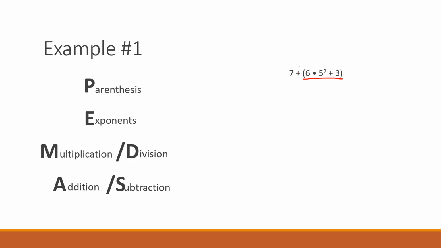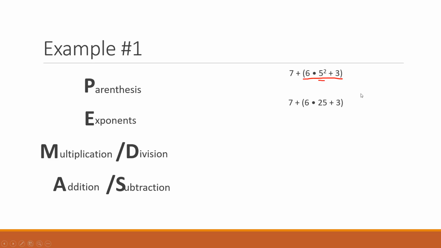So basically ignore everything outside the parentheses, and now look inside the parentheses and say, okay, should I multiply first? Should I do exponents first, or should I add first? Well, based upon PEMDAS, I need to do the exponents first. So 5 to the second means 5 times 5, which is 25.